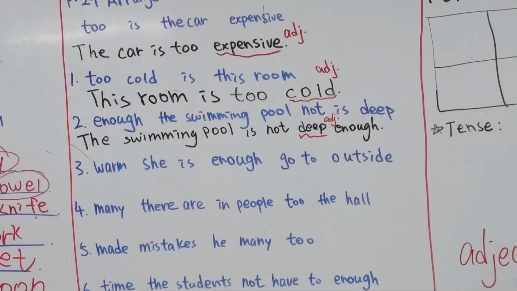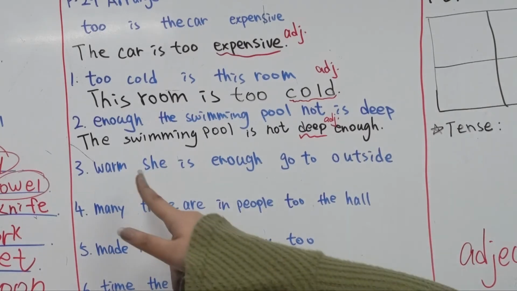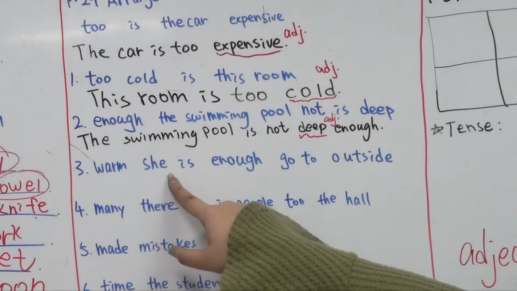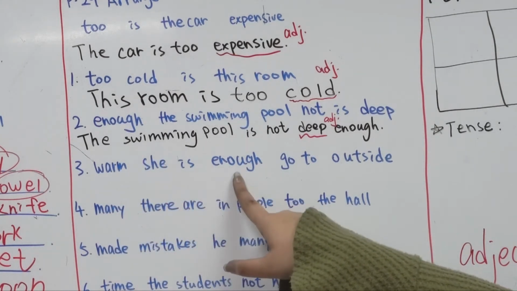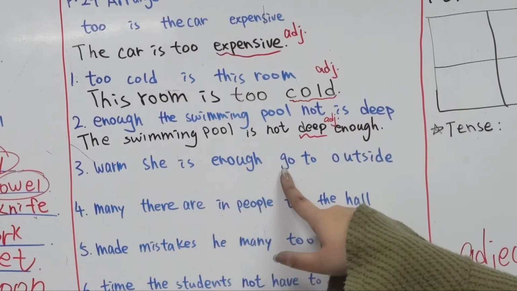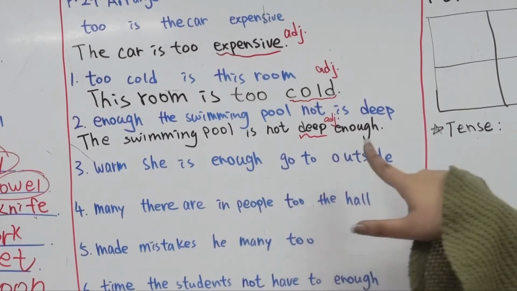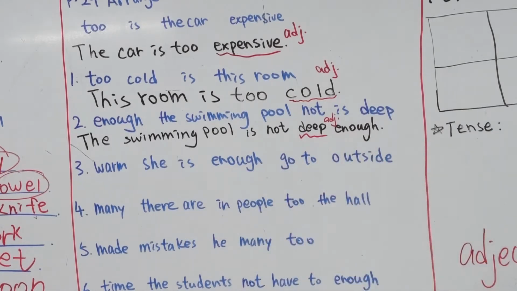Okay, number 3. I'll do one more. Then 4 to 6, you do by yourselves. Okay? So, warm. She is enough. Go to outside. She is. Yes, she is comes first.